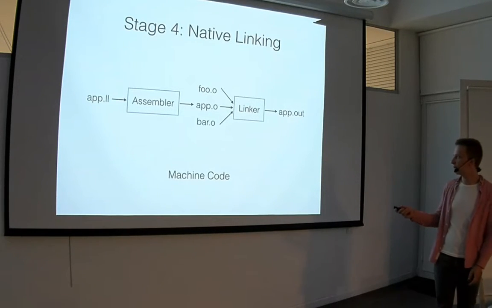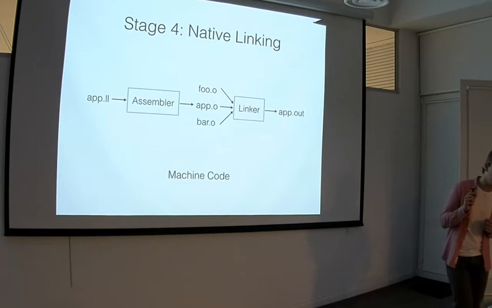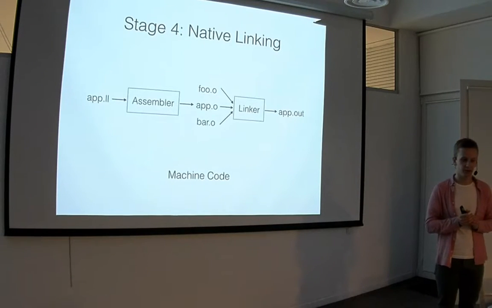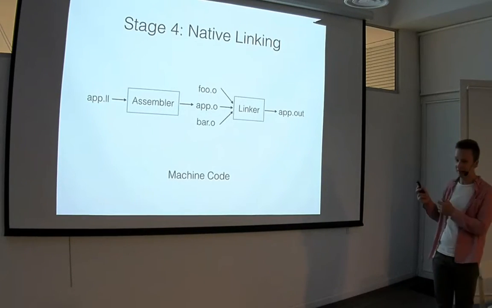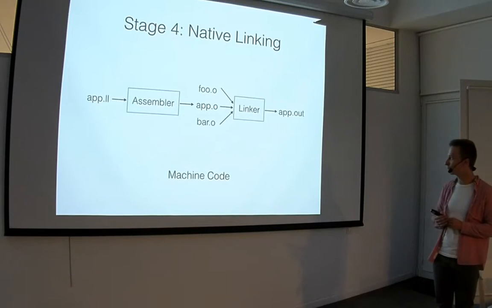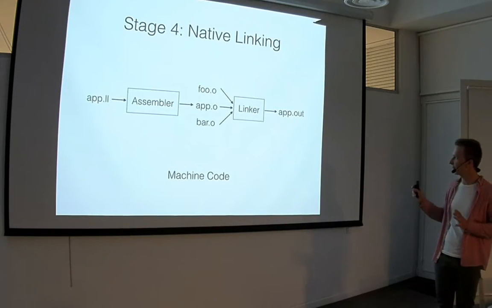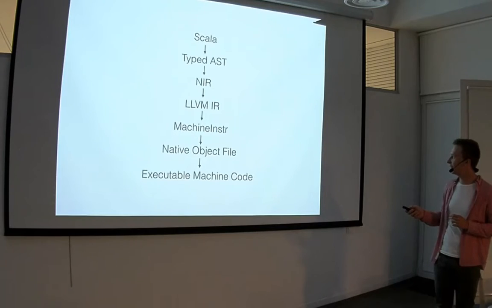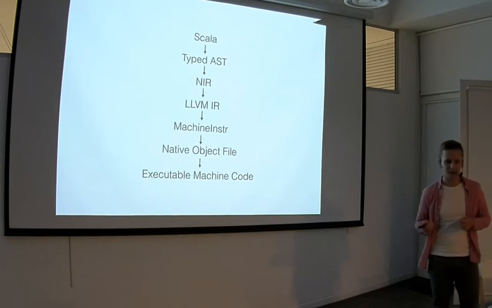And the assembly code is assembled into an object file, which is essentially machine code with some minor information unspecified. For example, if you have functions, it doesn't know where this function is. So you need another linker to link all these files into one actual machine code file. But all this stuff happens under the hood. Basically, this is the pipeline that goes on.